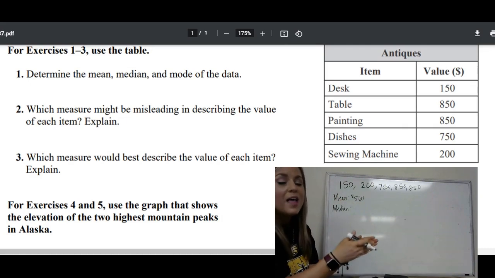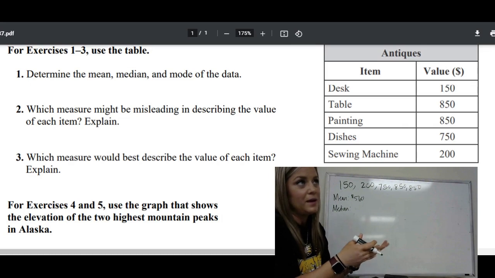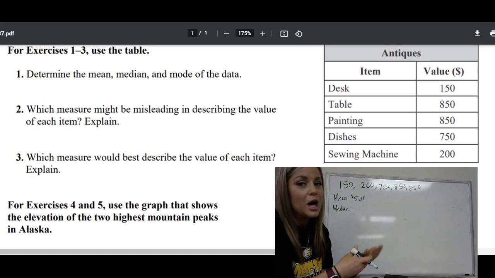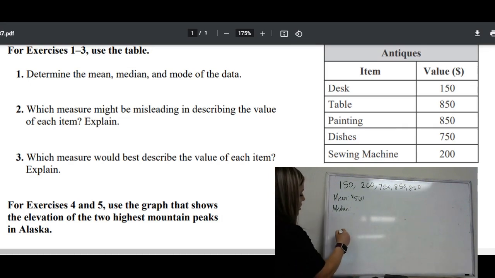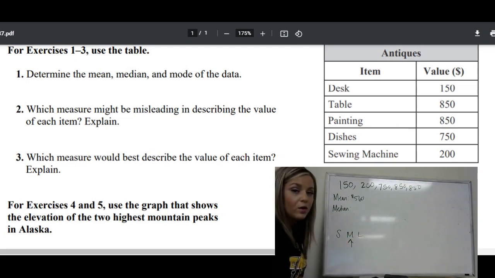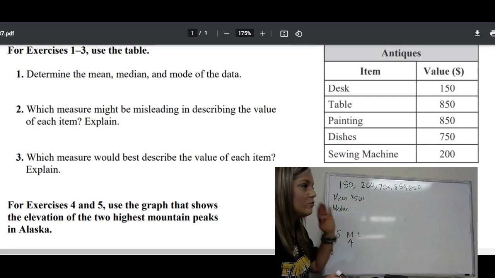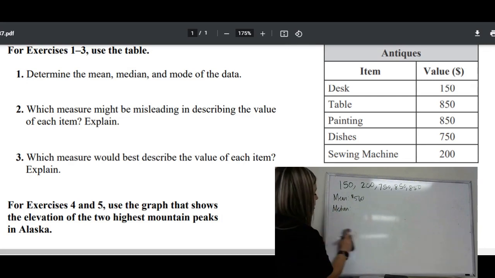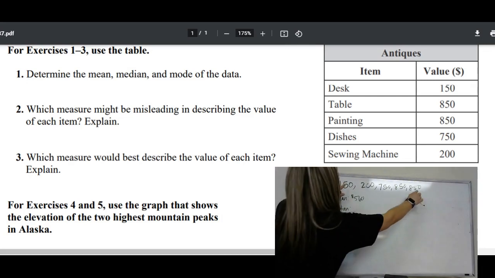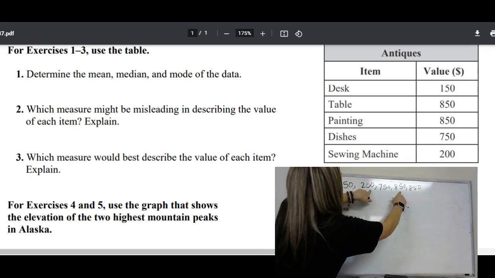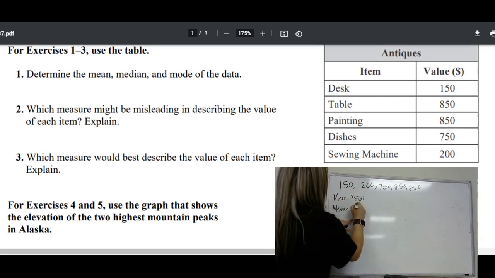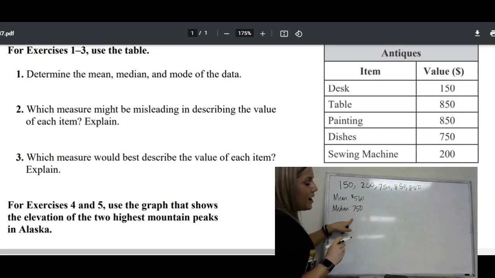That's called the median. I also like to think of median as the word medium. And we know that if you have shirts, small, medium, and large, medium is in the middle. The median is in the middle of northbound, southbound traffic. So the median is going to be my middle number. So I'm boom, boom, boom. So the median is $750, right?